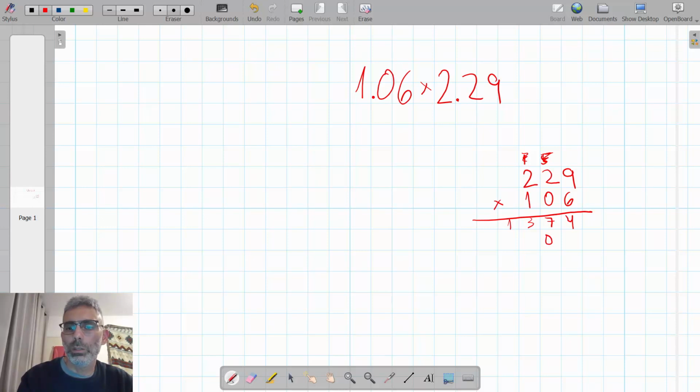Okay, 1, so I can just skip 0. 1 times 9 is 9. 1 times 2 is 2. 1 times 2 is 2. Now I add.